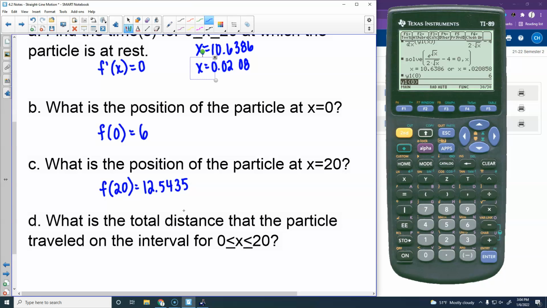So it seems like you should just be able to subtract these two and get the distance that was traveled, but that's not always the case. If we take 12.5435 and subtract 6, what we're finding is the displacement, how far this was from whichever point we're talking about, right?